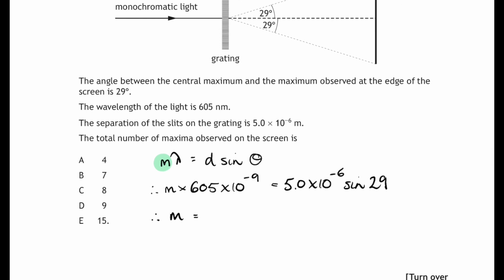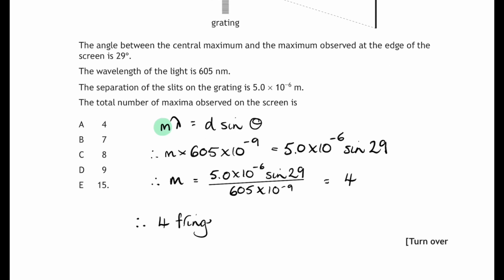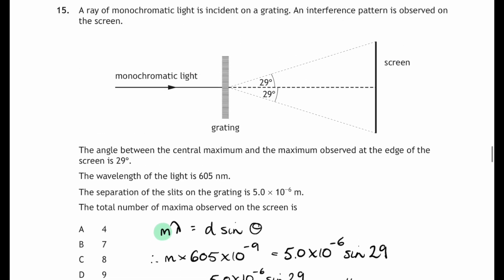On the calculator, that's 5.0 times 10 to the minus 6 times sine 29 divided by 605 times 10 to the minus 9. That gives you an answer of 4, which means there are 4 fringes on each side of the central maximum on the diagram.